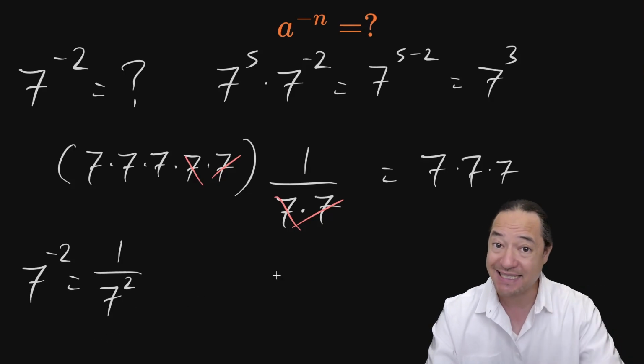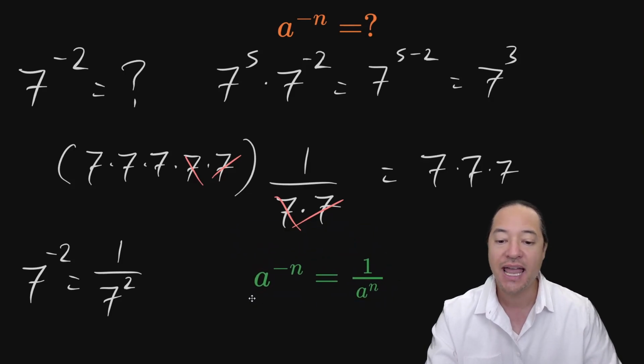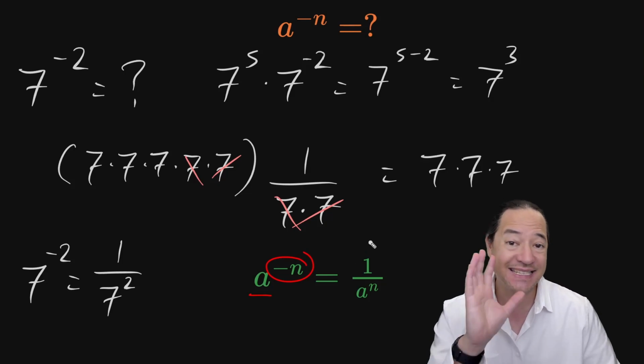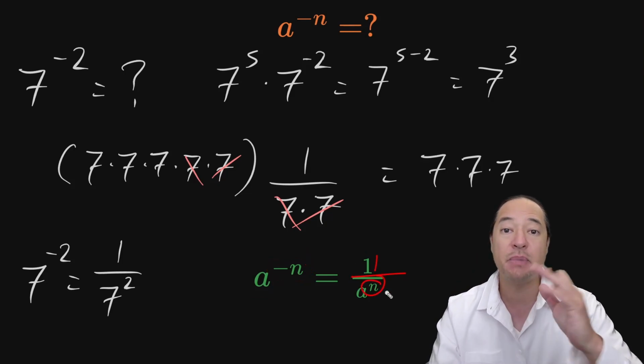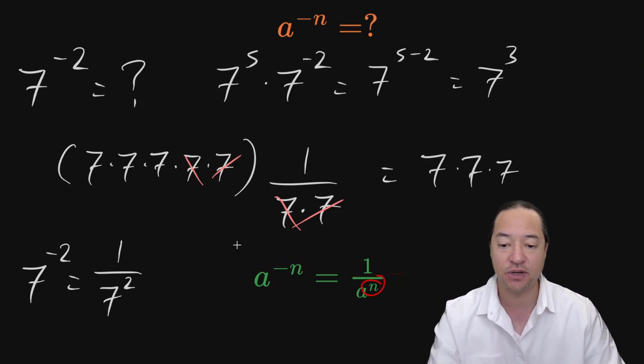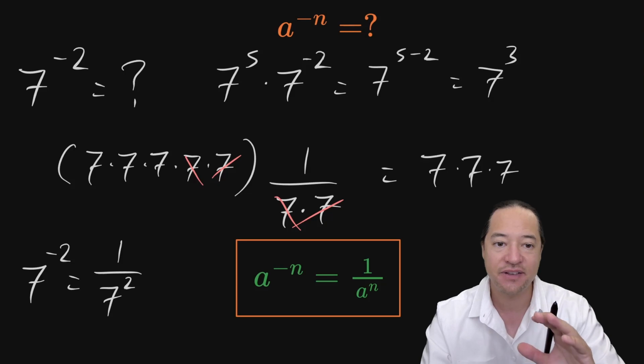So we get another way of understanding negative exponents here with this kind of general expression where any base raised to a negative exponent is the same as 1 over that base raised to the positive version of that exponent. Okay, so there we go. That's how we can understand negative exponents.